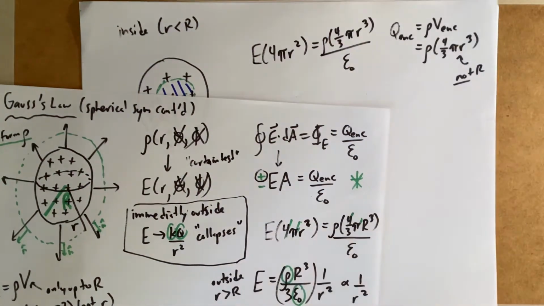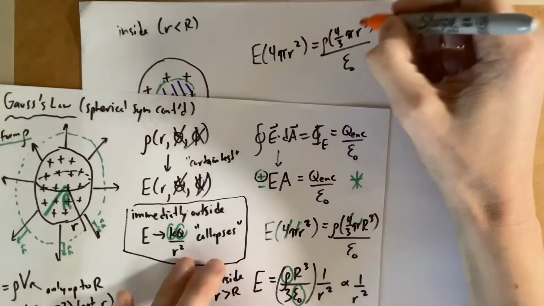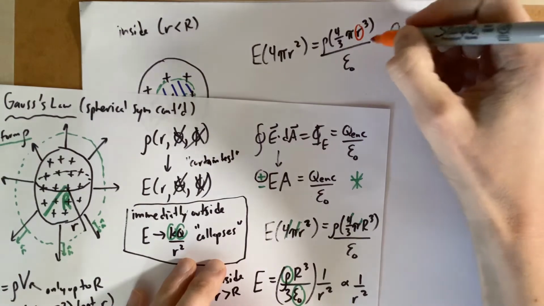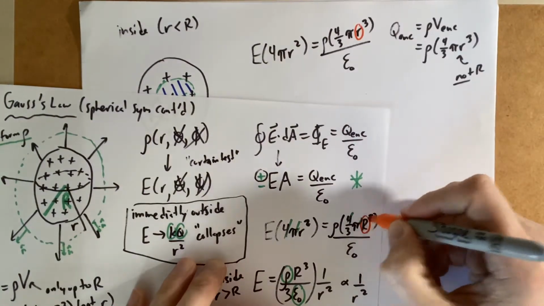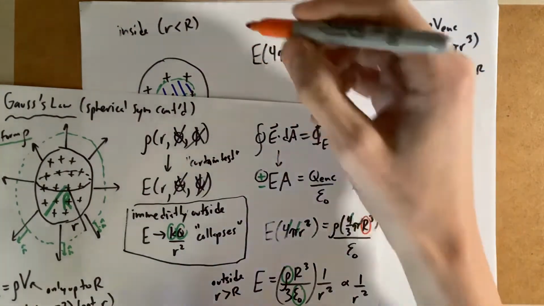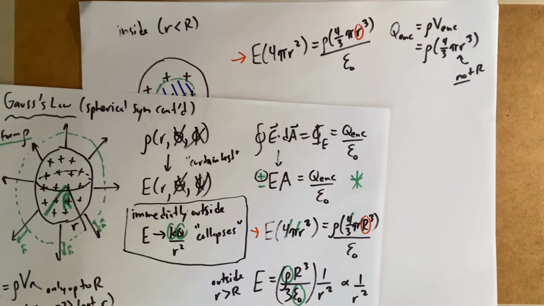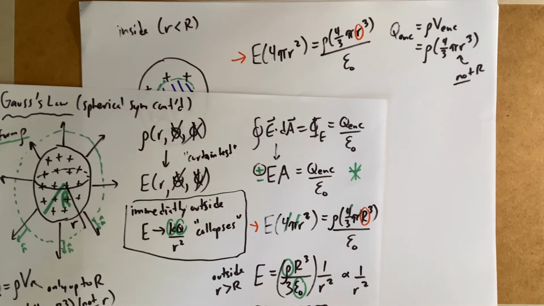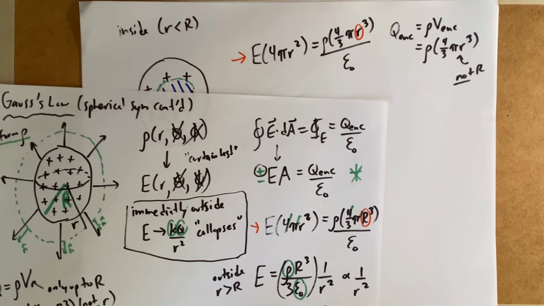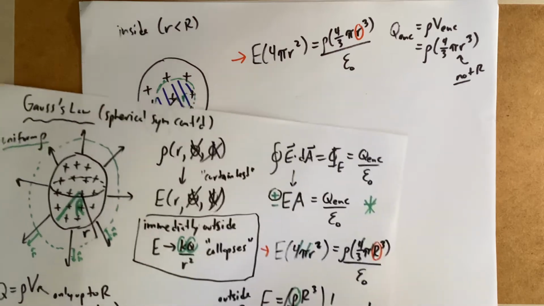So let me use a color I haven't used yet, orange. That right there, when you're inside, it's little r. When you're outside, it's big R. That is, in fact, the only difference between this line and this line, okay? Now, that might not seem like much, but that, in fact, will give a very different character to the electric field inside. So let me work out what that is.